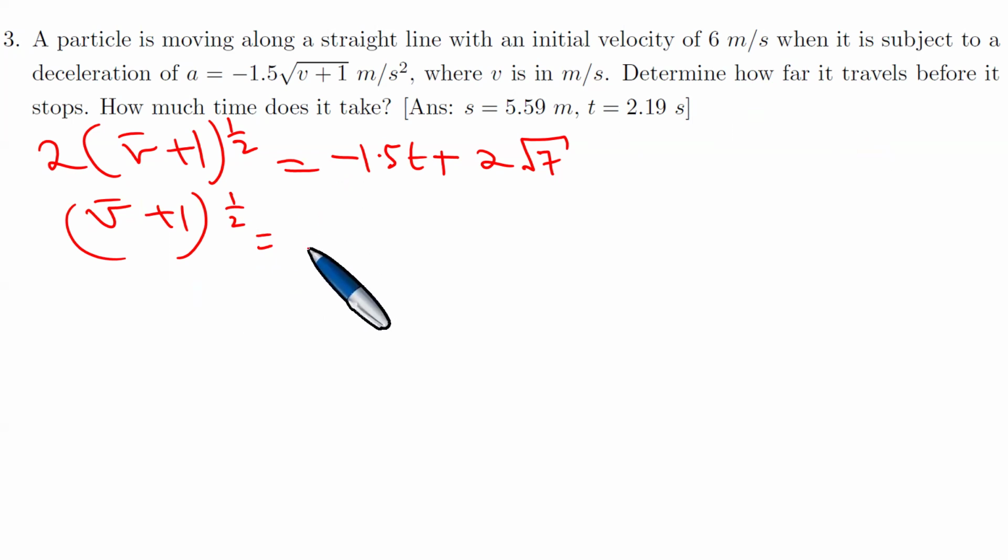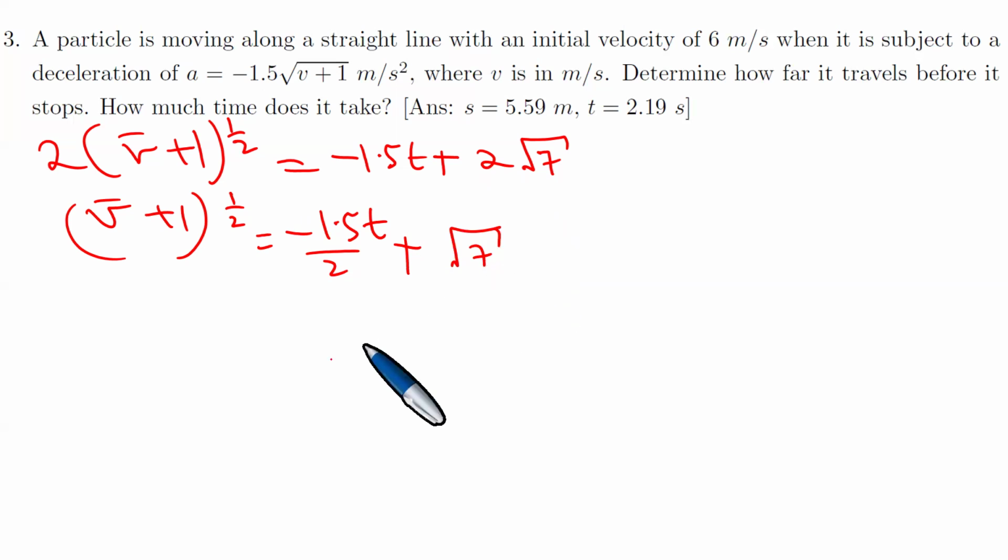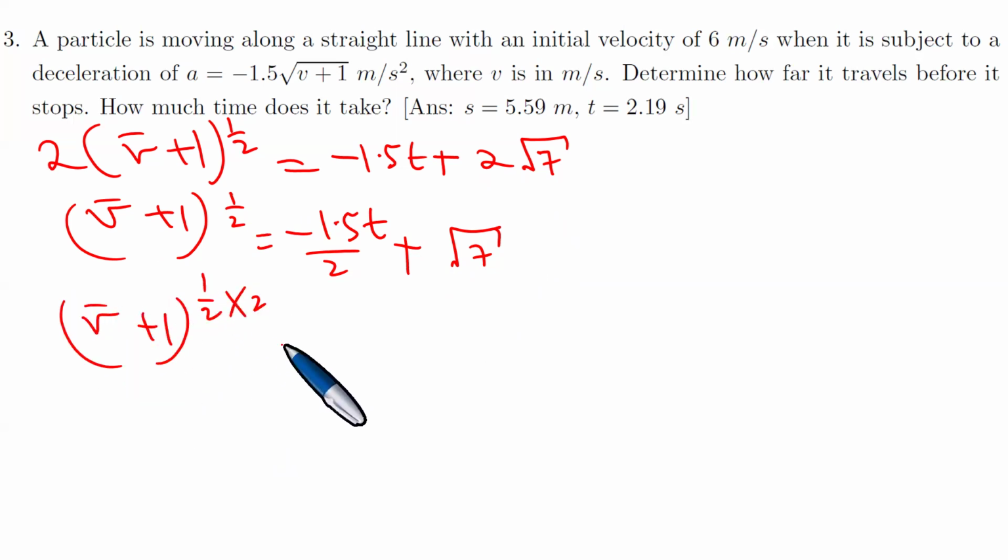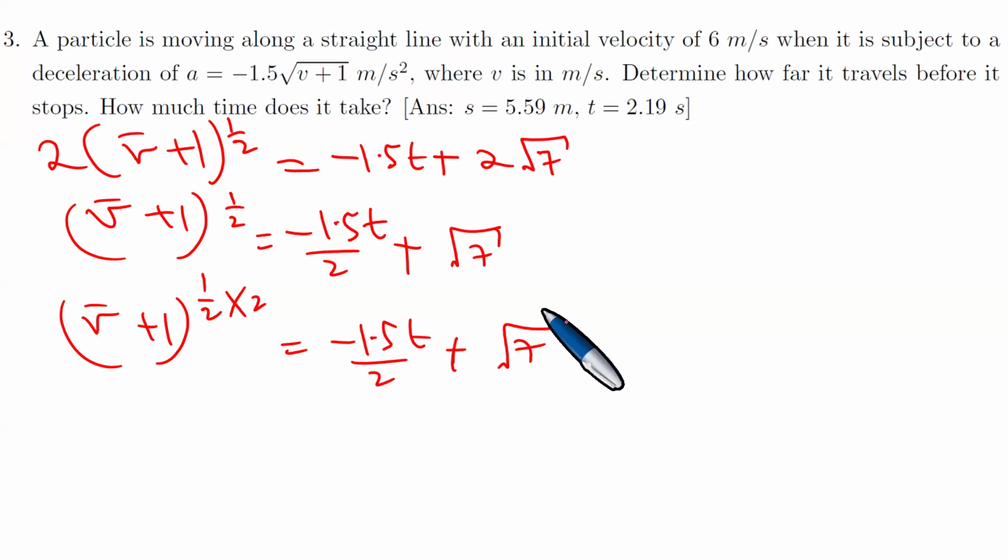So with minus 1.5 T divided by 2, but if you divide by 2 here, it becomes just the square root of 7. Like that. Okay? We square both sides. Square the left. Square the right.